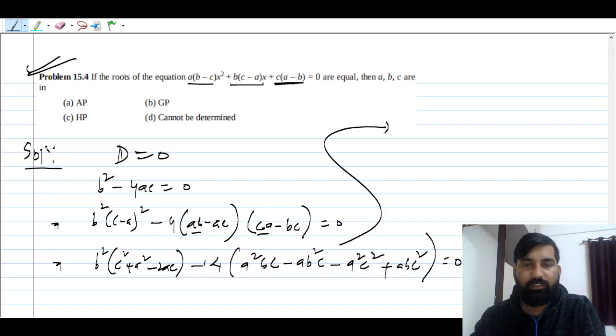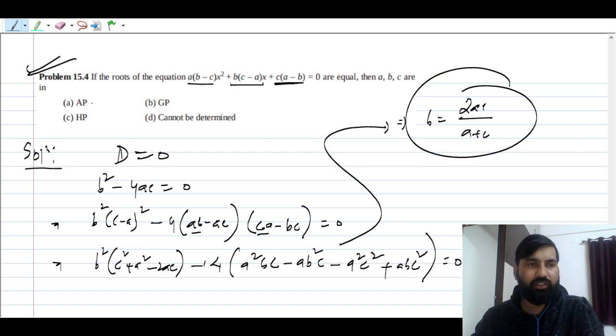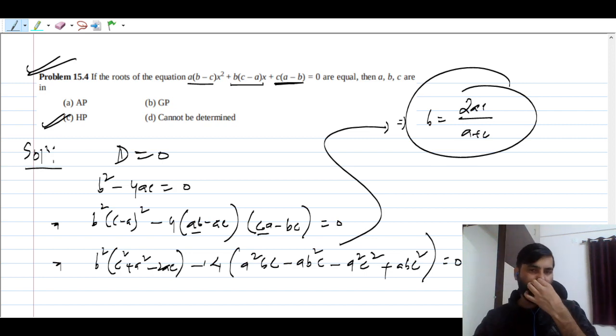If you further simplify this, you will get that b equal to 2ac upon a plus c, and this is nothing but what? Harmonic progression, right? So you can solve this equation and you will get this. There is no other way. You can just do this and you will get the answer.